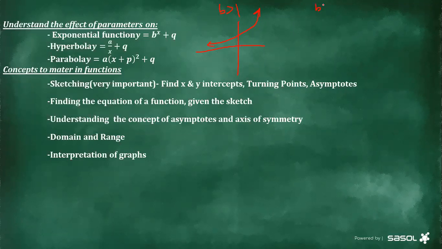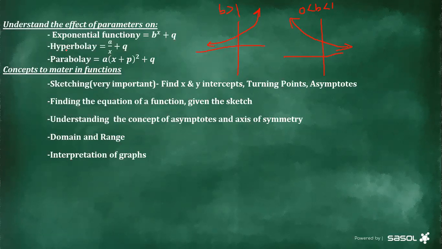If b is between 0 and 1, meaning b is greater than 0 and less than 1, then this is the shape of the exponential graph. So that is the effect of b. And what about q? q is the vertical shift: the graph goes either up or down. And q also determines the horizontal asymptote.